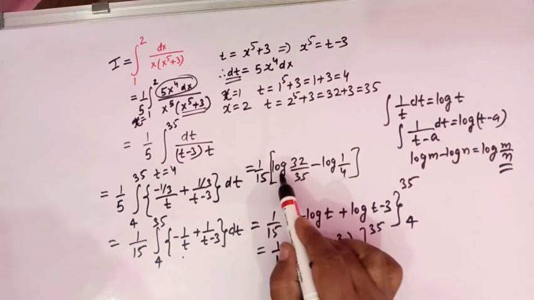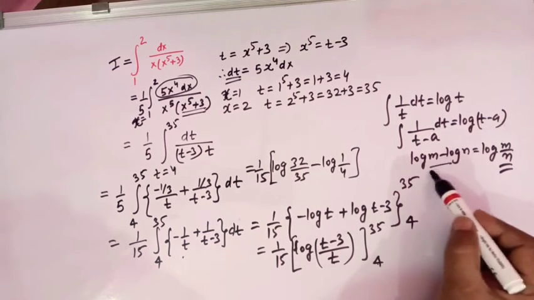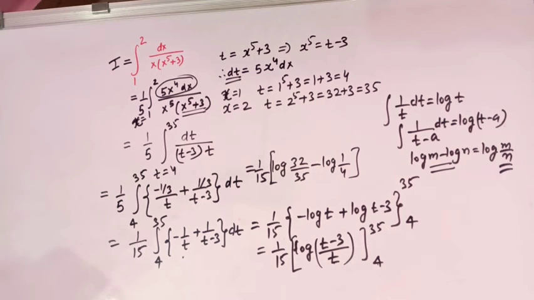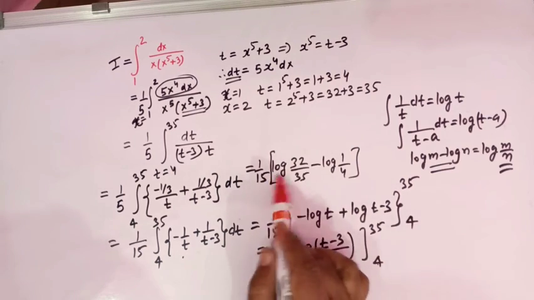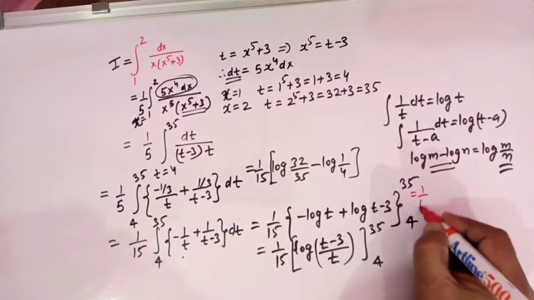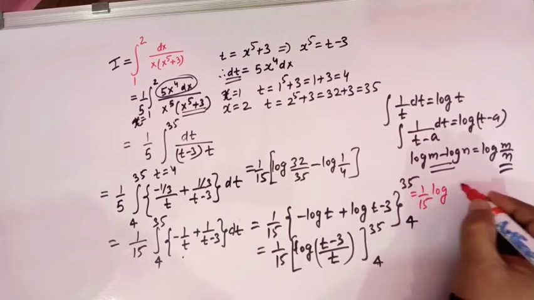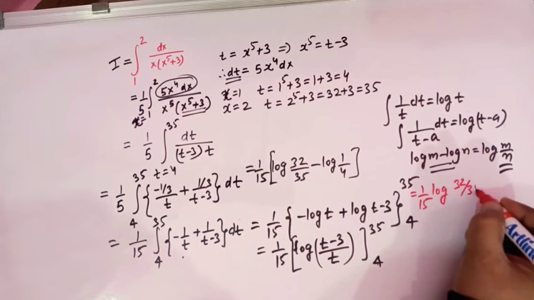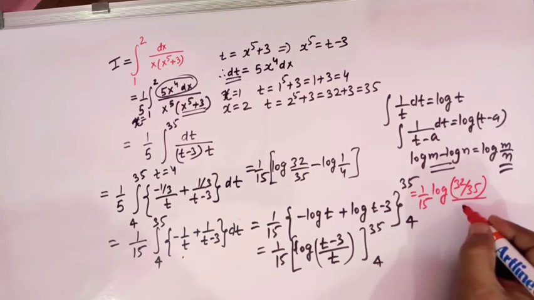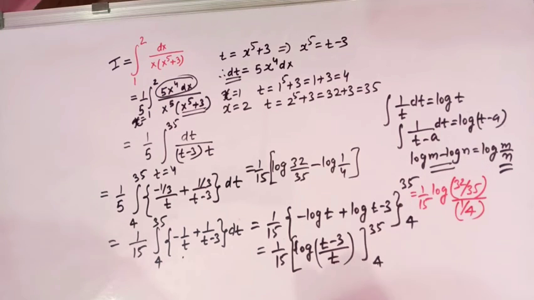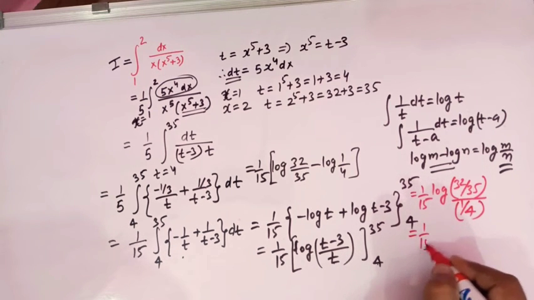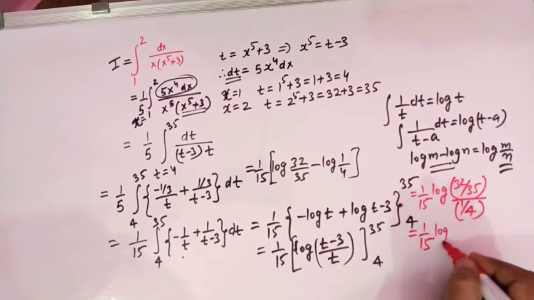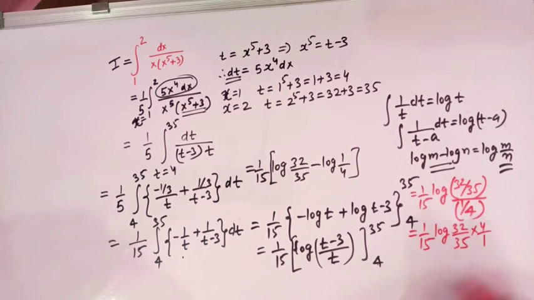Again we make use of this property, so we can rewrite this expression as 1 over 15 log of (32 over 35) divided by (1 over 4), which can be written as 1 over 15 log of 32 over 35 times 4 over 1.